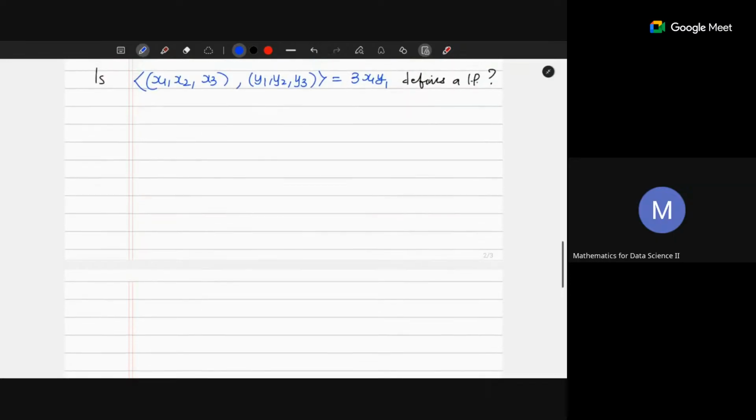Okay, so I have another example before we move on to orthogonality. I don't know whether it's new for you or not, but I'm taking a different vector space. It is the vector space of polynomials of degree less than or equal to 2.